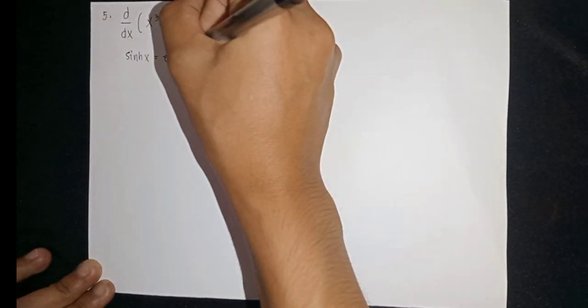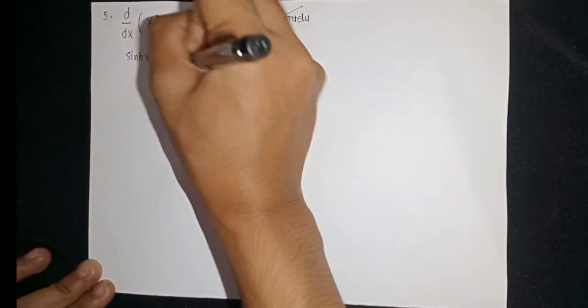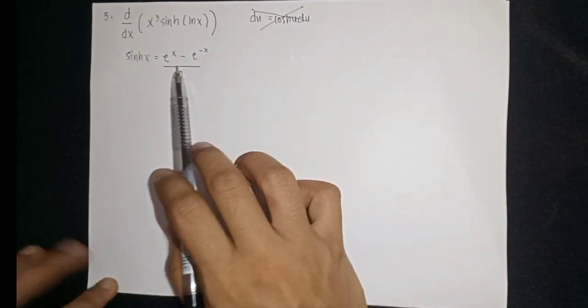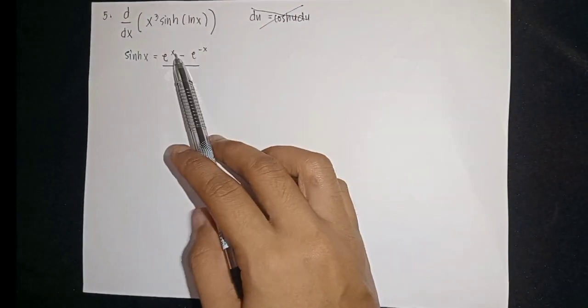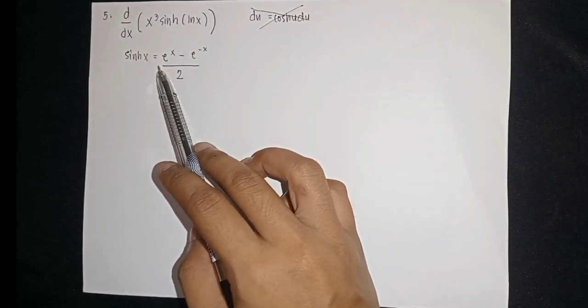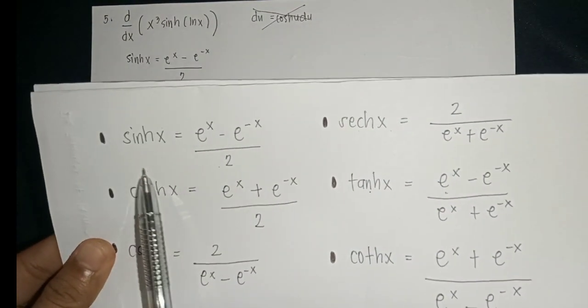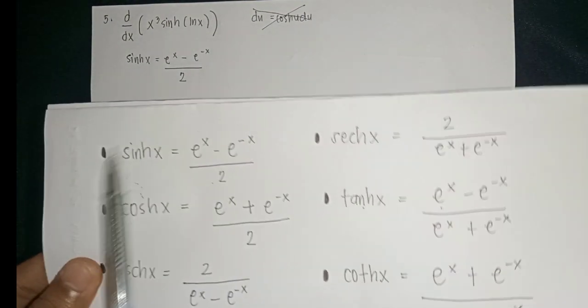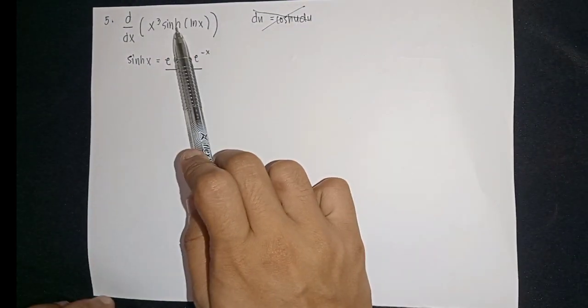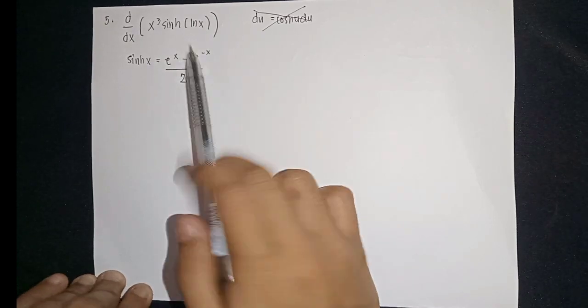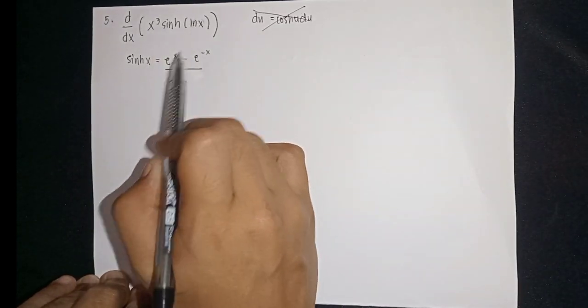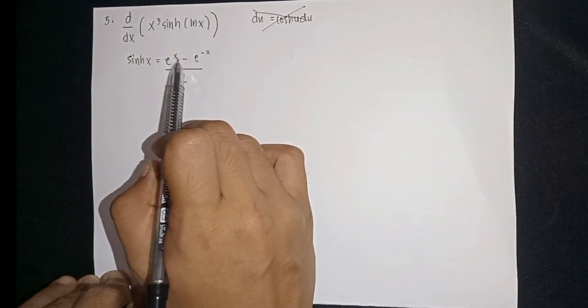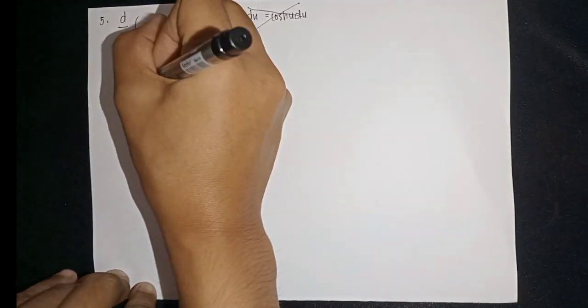So what we have to do is use this formula: sinh x is equal to e raised to x minus e raised to negative x all over 2. We have to use that because that is the exponential form of the hyperbolic function.